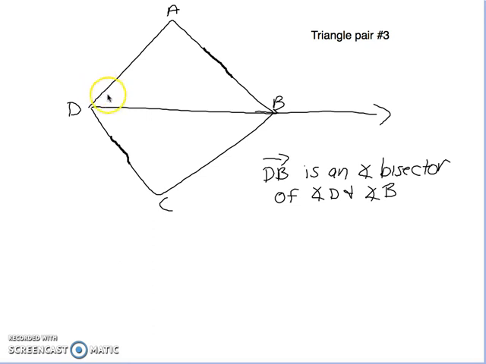So angle D is split into two. And angle B is also split into two. So what this gives me so far is an angle, angle, and an angle, angle.